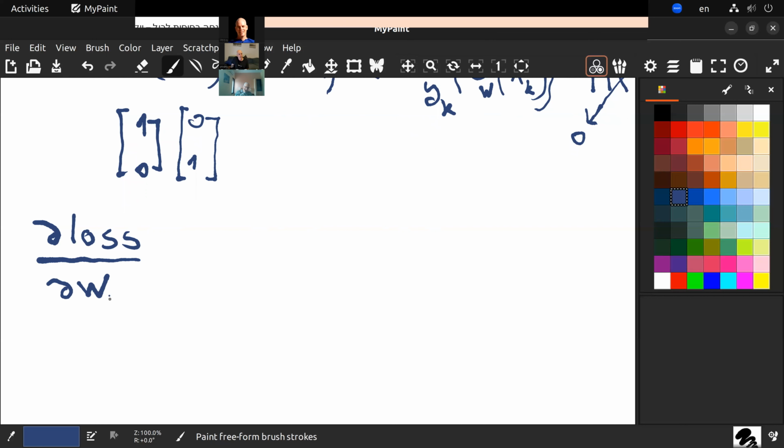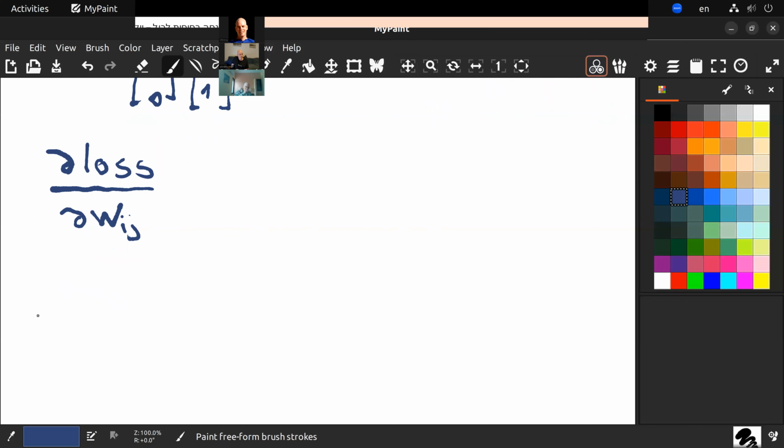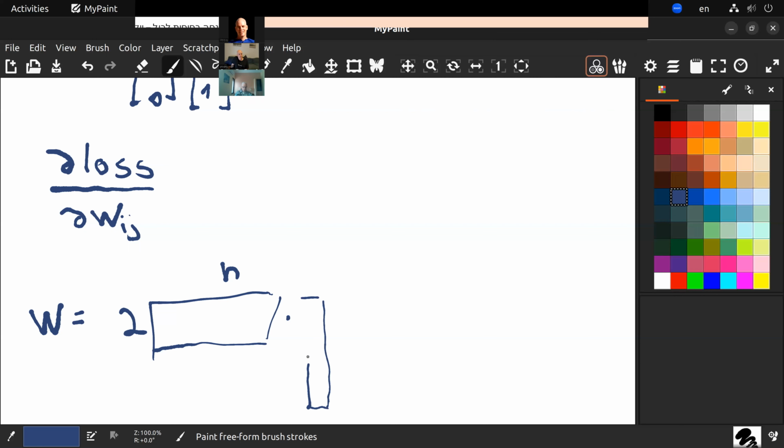Wij. Exactly. Let's just remind the viewer what W is, you remember? W is a 2 by n matrix. Exactly. 2 by n, not capital N, right? No. It's 2 by n because it is multiplied by a picture, by a vector of a million pixels, right?